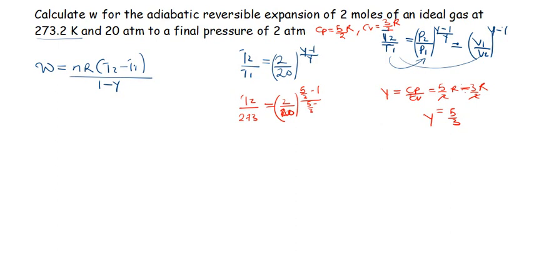Okay, so when you do the multiplication there, we'll say T2 over 273 is equal to 1 over 10 when I simplify.